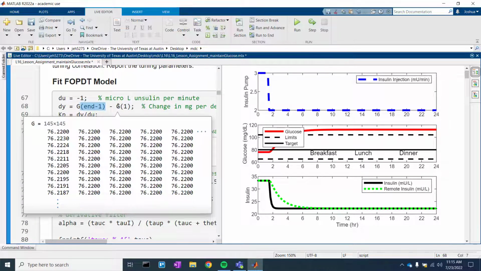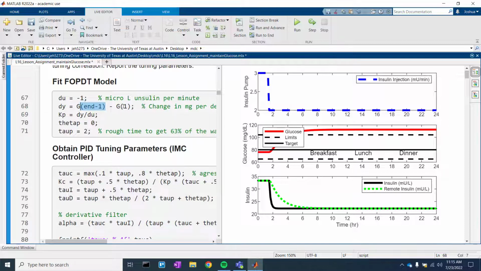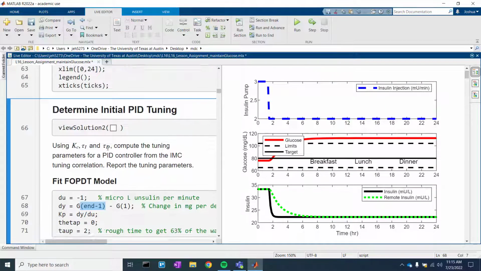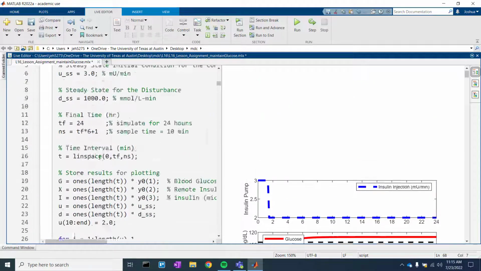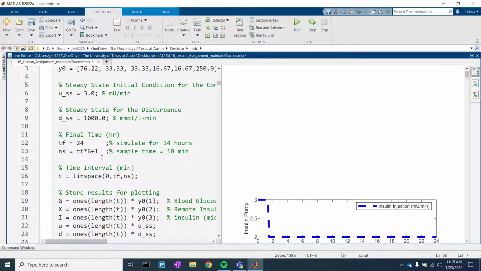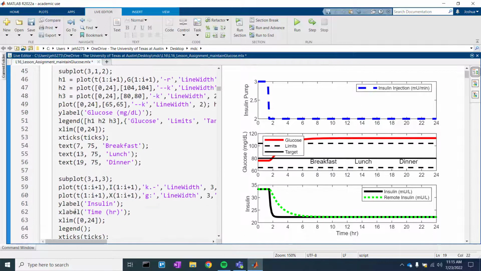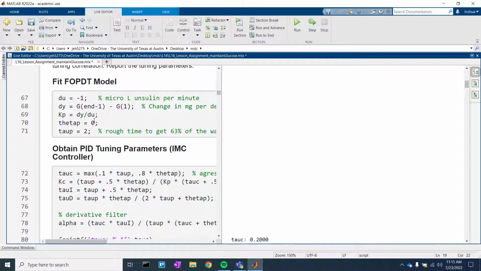Glucose, let's just think about things for a little bit. How many steps do we have? We have 24 times 6. So right here, our NS is equal to 145. So let's just say we reach steady state at 140.